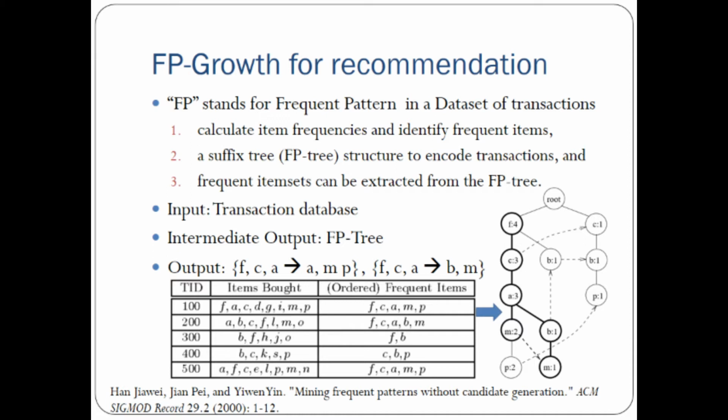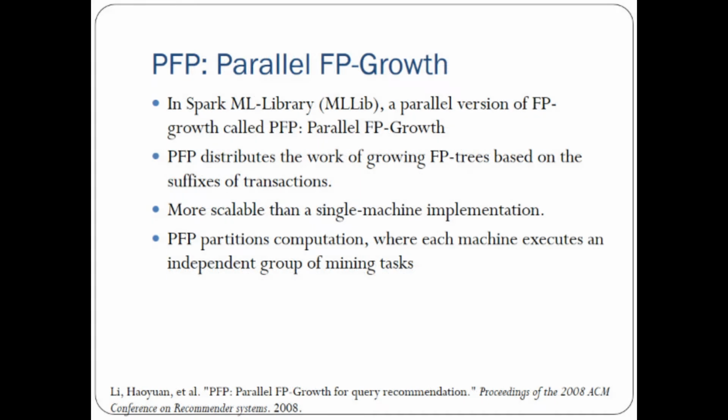Like if F, C, and A items were purchased, then most probably A, M and P would be purchased. If F, C, A were purchased, then most probably B and C would also be purchased. So these types of rules you generate as the final output. And next, in Spark machine learning libraries, a parallel version of FP growth is available, called parallel FP growth.